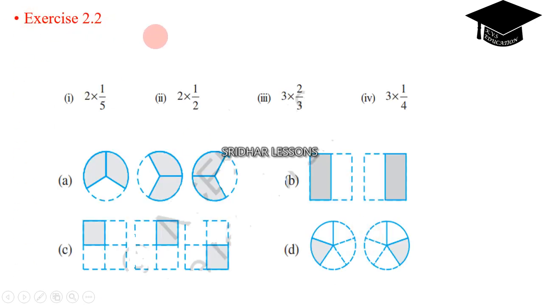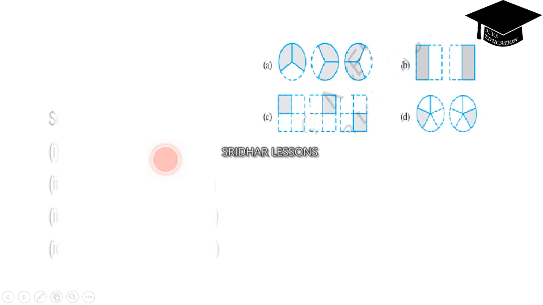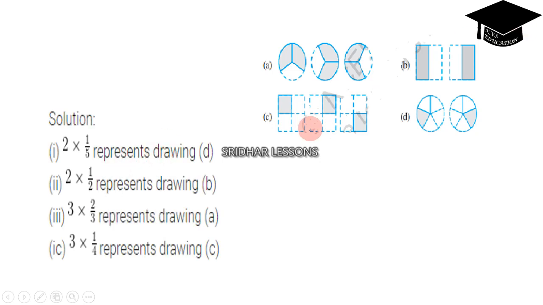Exercise 2.2. Which of the drawings A to D shows? We have to tell. Okay, we will see here. 2 into 1 by 5 represents D. Okay, here we have two circles.